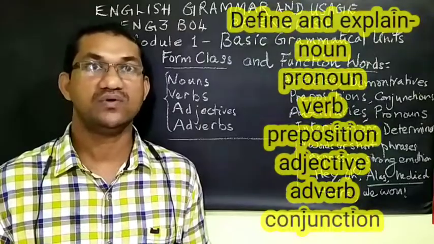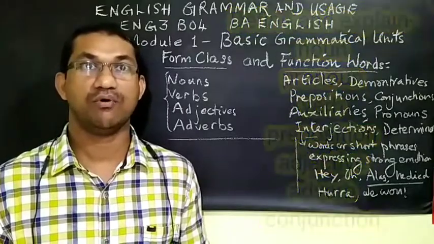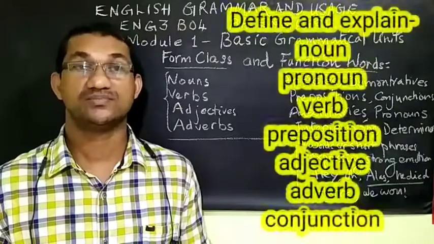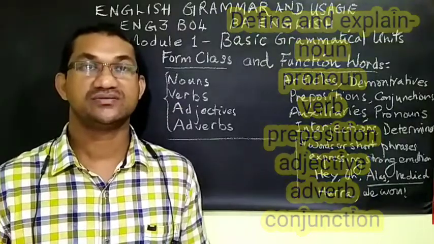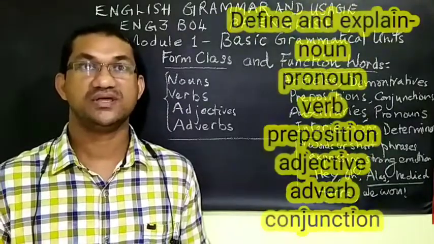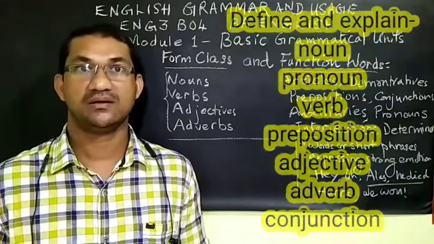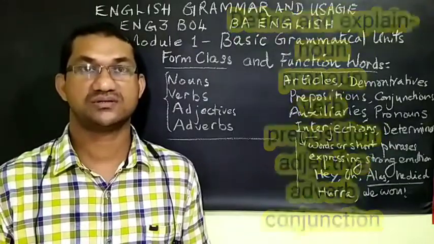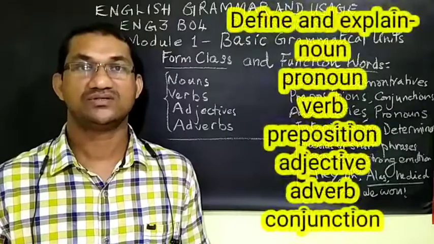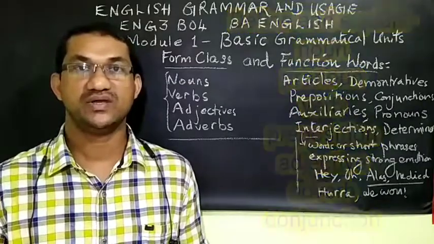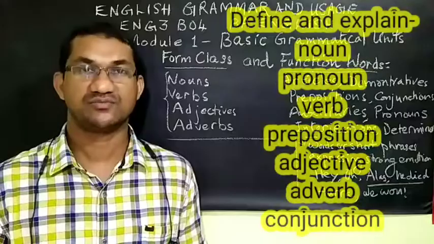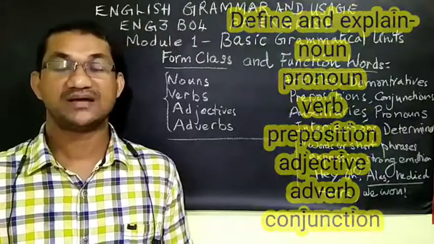Then adverb. Adverbs are words that define, modify or describe verbs. He writes neatly. She sings sweetly. He runs fast. All these words, neatly, sweetly, fast, are adverbs. Now we have conjunction.